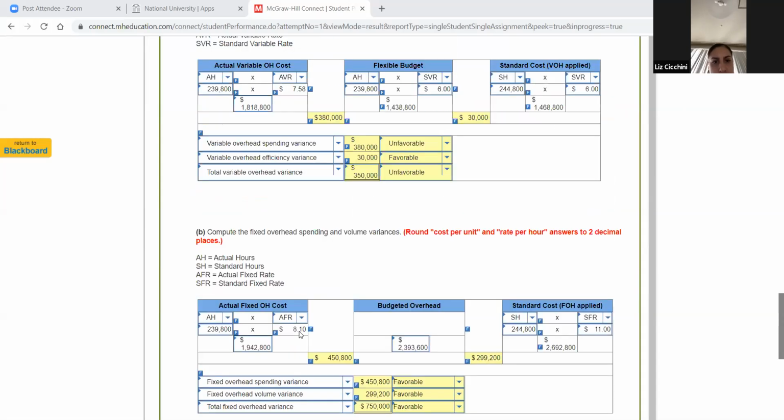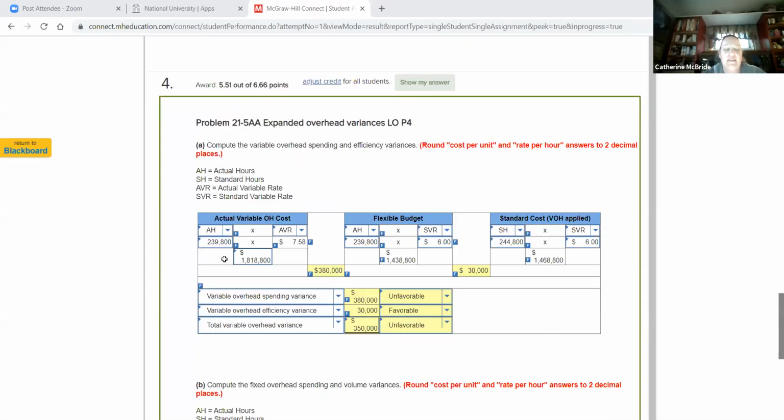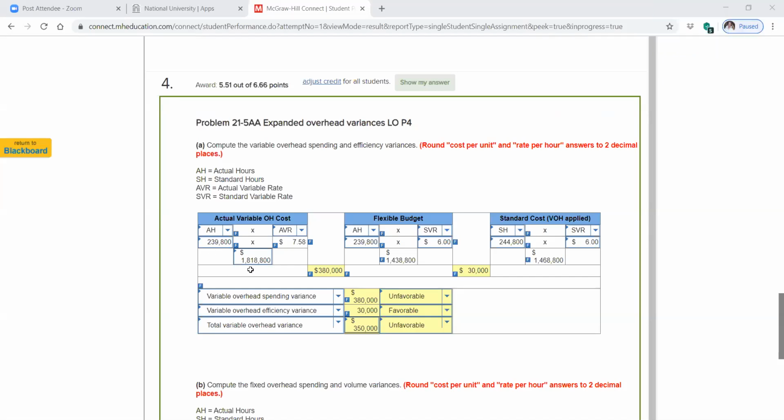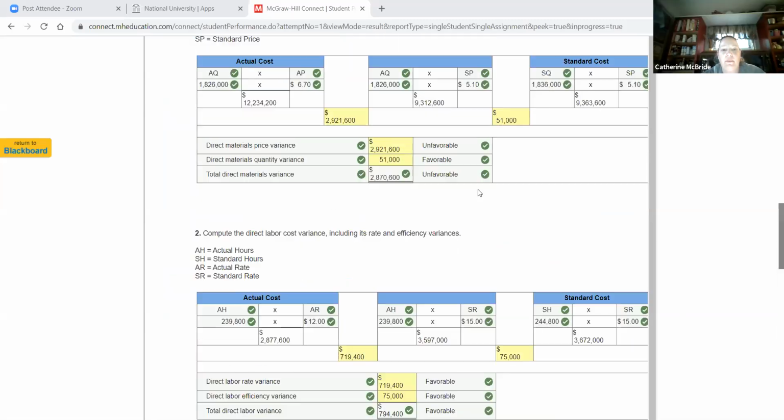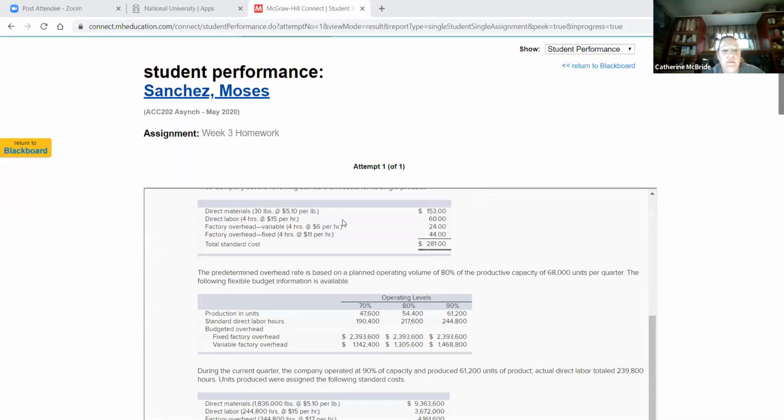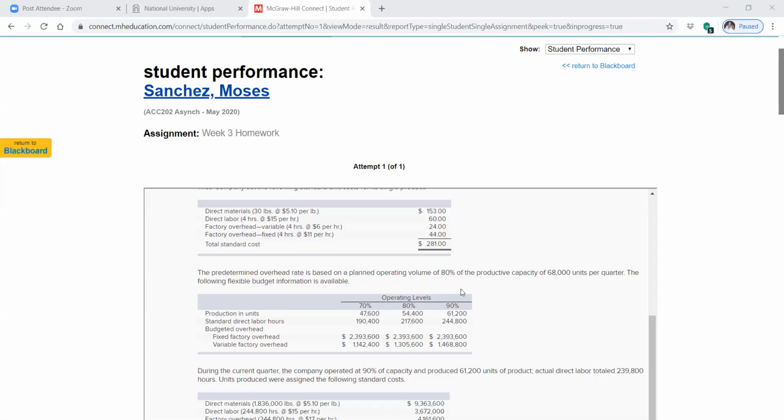Then we get the $6 an hour, the budget amount, by looking up here at the factory overhead variable under the budget. Cool.